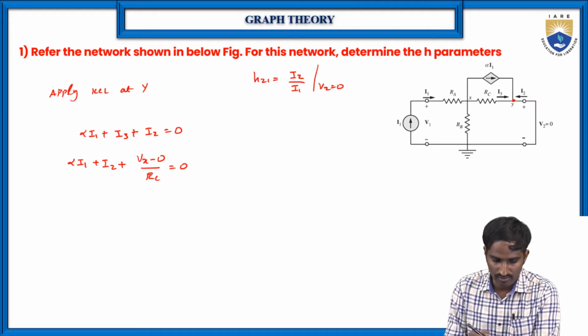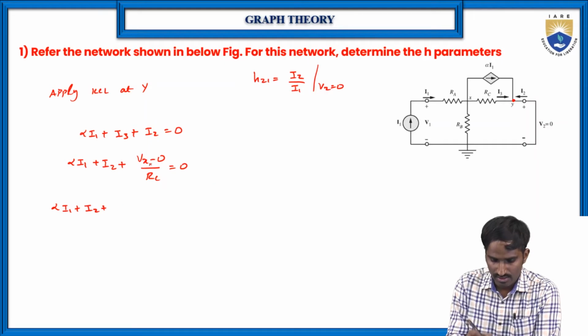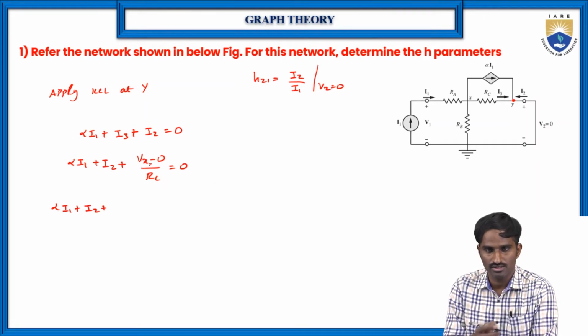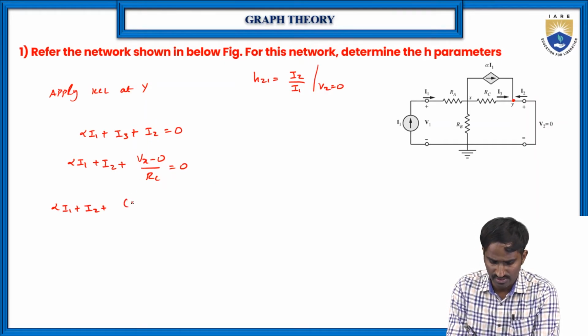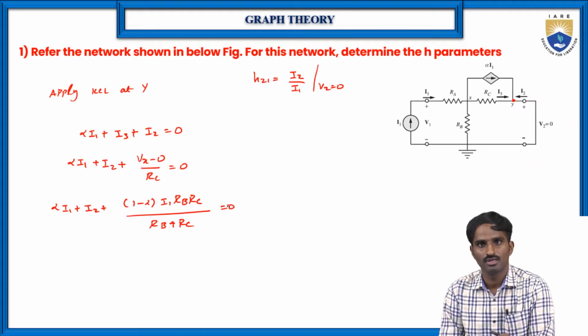So just substitute the value of Vx here, then alpha into I1 plus I2 plus, in the place of Vx, which we have just calculated, 1 minus alpha into I1 into RB RC by RB plus RC, which is equal to 0, right?